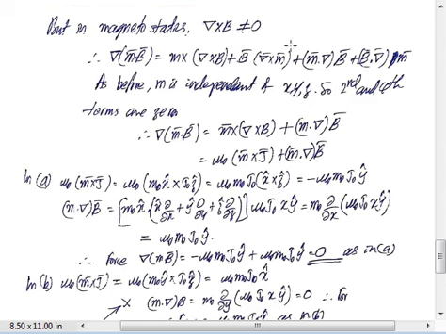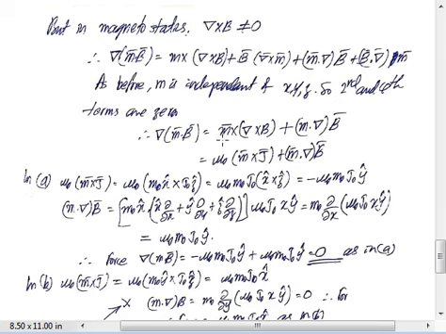So the second term, del cross m, and the fourth term, del of m, become 0. But there remain 2 non-zero terms. That is, del of m dot B is equal to m cross del cross B plus m dot del B, that is equal to, since del cross B is mu0 J, mu0 into m cross J plus m dot del B.